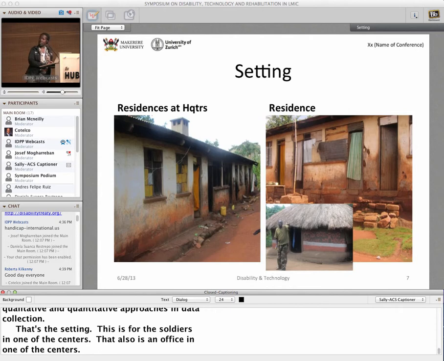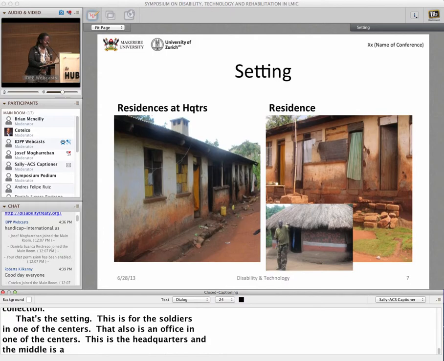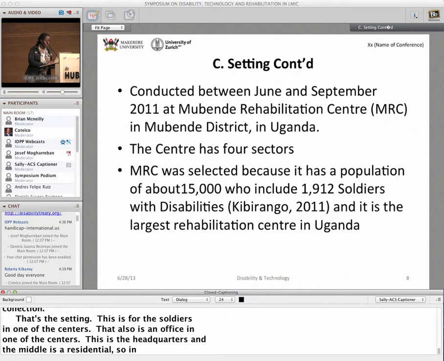Residences are the headquarters, and in the middle is a residence also in one of the detaches.